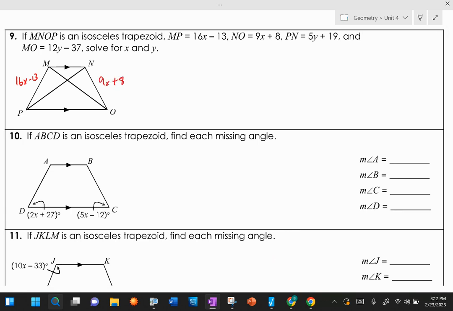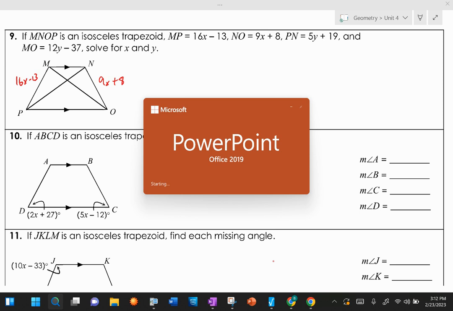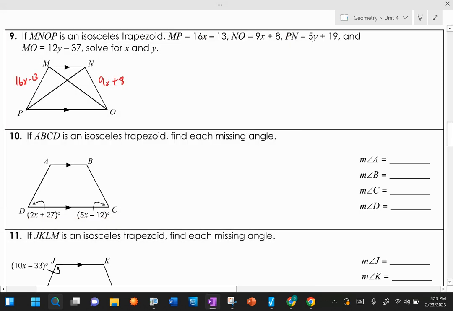Now, I could finish labeling, but right there, I know this is an isosceles trapezoid. What can I do with these two? They set equal to each other, okay? Piece them together. PN, which is the diagonal, is 5y plus 19.